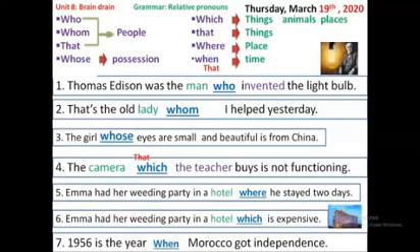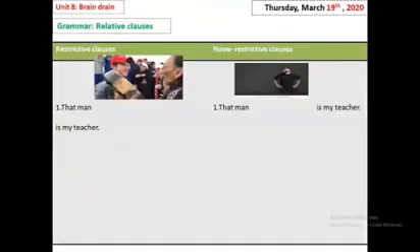Now let's move to speak about relative clauses. I'd like to begin with these two pictures. I think it's clear enough for you to compare between these two pictures. So here we have two examples and two pictures, and now we're talking about relative clauses. So what's a clause? A clause is a group of words with a verb.